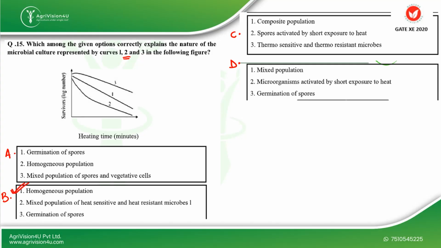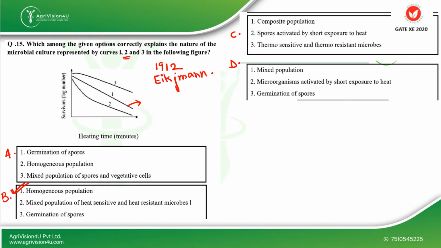Even this type of graph falls into four general types, which was recognized in 1912. So over here, my curve A, that is line 1, tells about the logarithmic death rate.